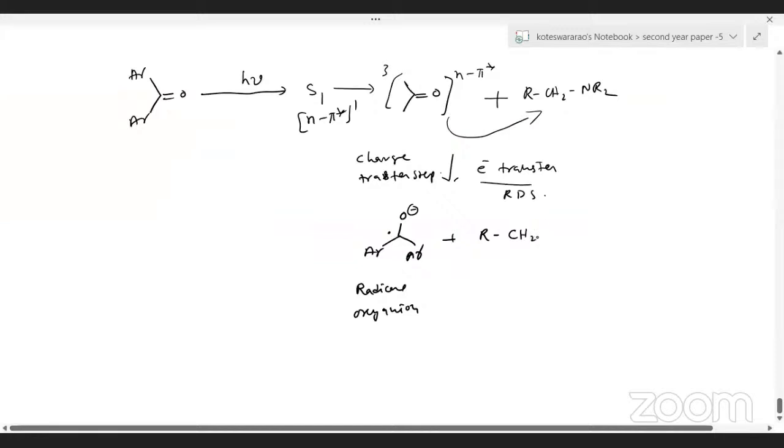That is, the radical is generated at nitrogen, and R. Here the radical is there.